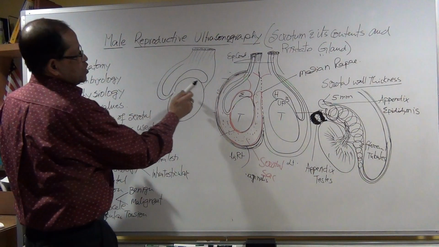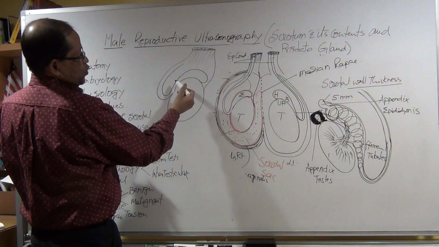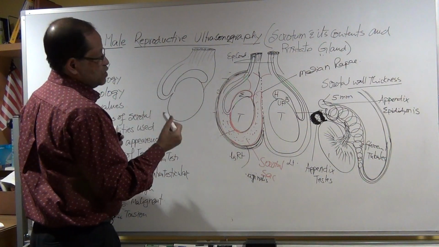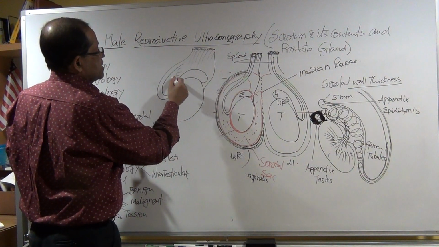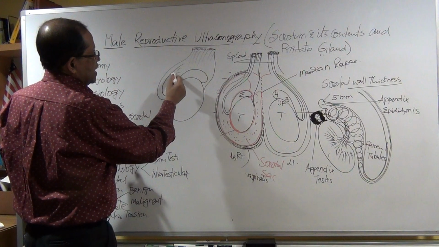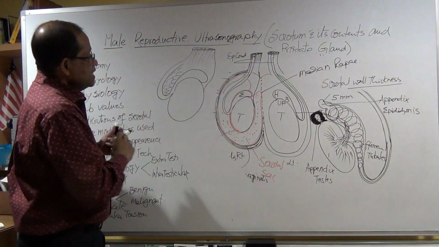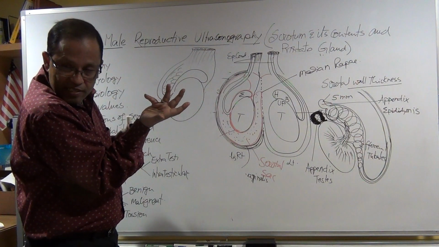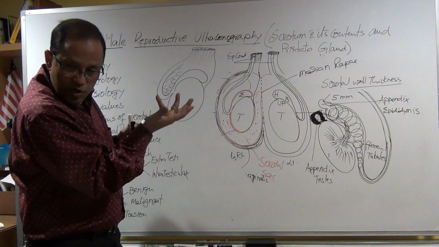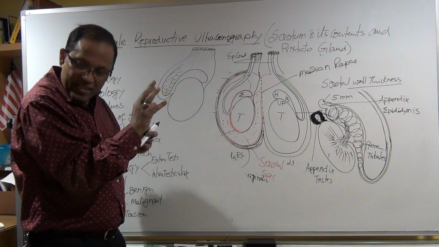Why? Because the testis is attached with the wall of the scrotal sac. Posteriorly, it is attached with the wall. So the testis is not easy to rotate. If it is partially rotated, then it will be unrotated.